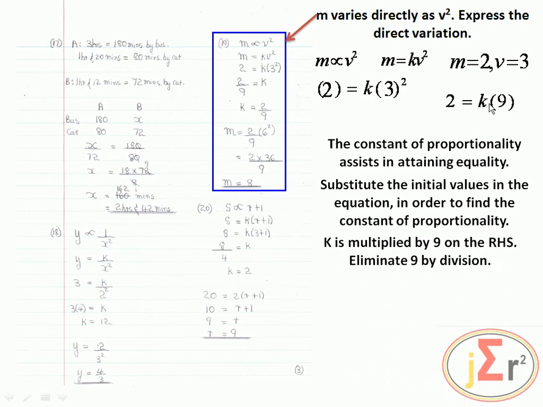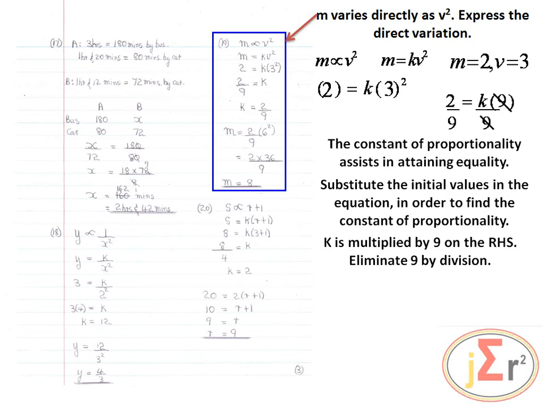We will eliminate 9 by division because it is multiplied on that right hand side. We need to find k, so eliminate that 9 by division. But we cannot divide by 9 on one side alone. We have to keep the equation balanced by dividing by 9 on both sides.